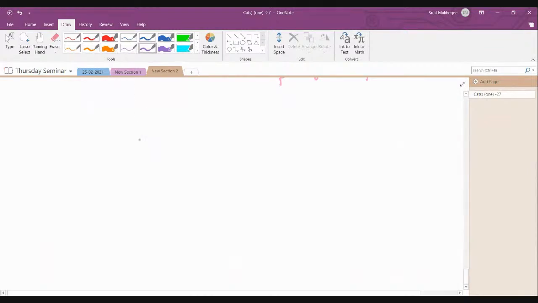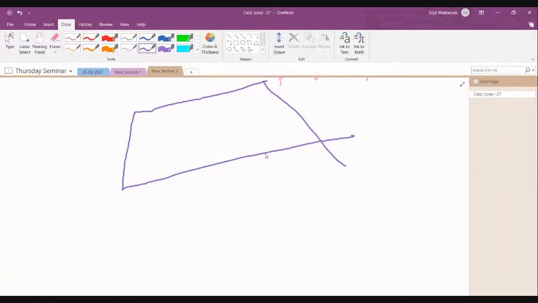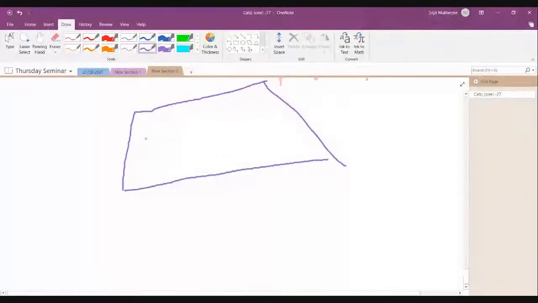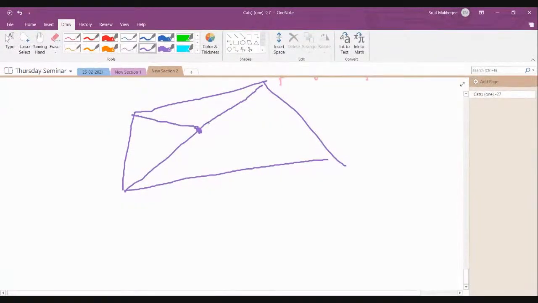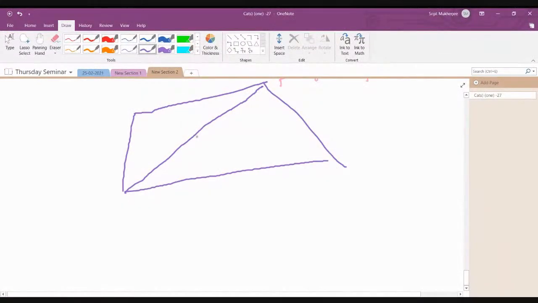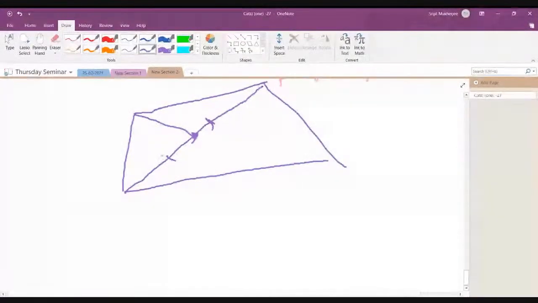Let's see if it works or not. Maybe contradiction will work. So we are saying that this must be a midpoint on such a point.